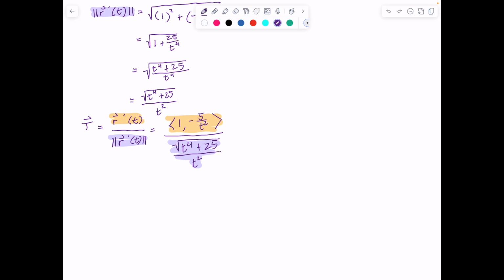So bringing it all together, T will be equal to, if we invert and multiply, t squared over the square root of t to the fourth plus 25, comma, negative 5 over the square root of t to the fourth plus 25, the t squared in the denominator flipped up to become a multiplier.